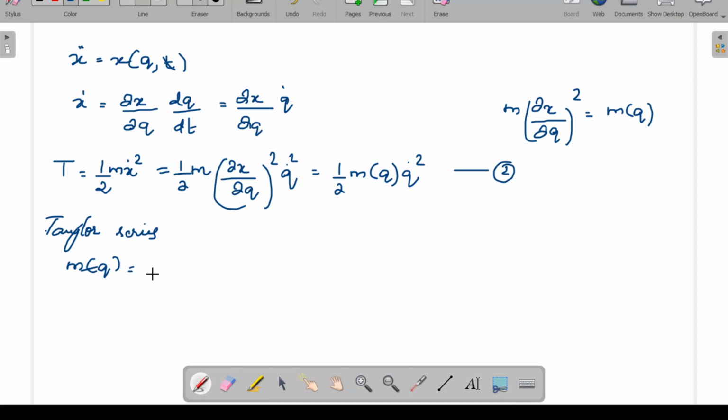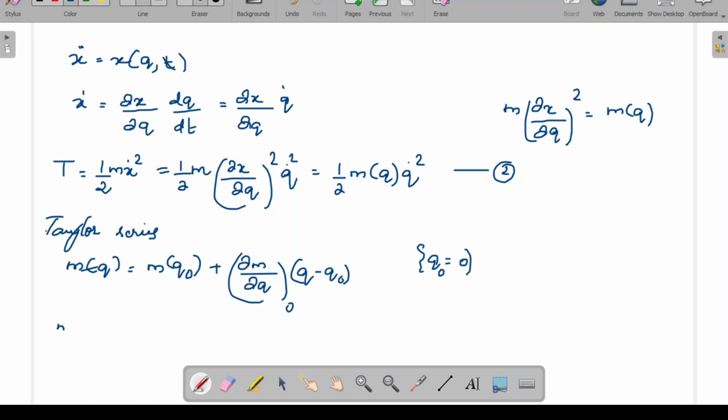Then I can write it as m of q0 plus dou m by dou q at the equilibrium into q minus q0. Now let me take the equilibrium coordinate q0 as equal to 0.